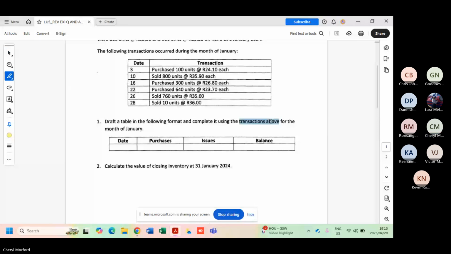Then you will always have to find the value of the closing inventory at the end of the period. I want to also add in 3 more parts so that the question is actually going to be complete. But for the moment, I just want to explain a few things, and then we'll get stuck into it.